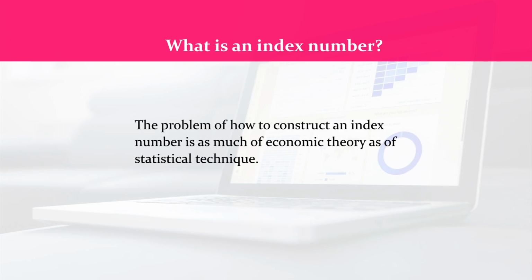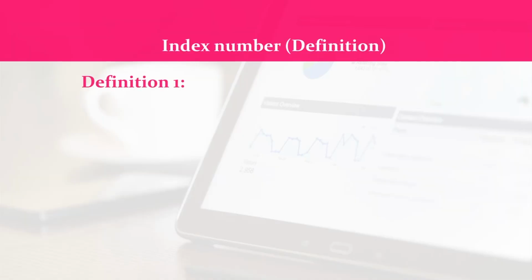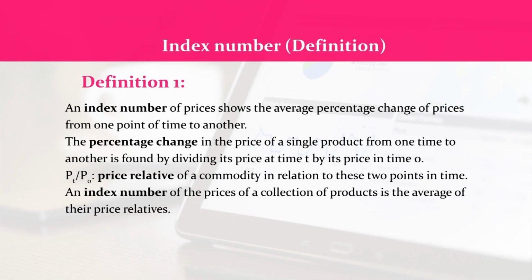And now the question is, what is the index number? Frisch in 1936 had given a very good definition as far as the index number is concerned. According to him, the problem of how to construct an index number is as much of economic theory as of statistical technique. And if you go more to the backdrop of the first definition, the first definition, which focuses on the index number of prices, shows the average percentage change of prices from one point of time to another.